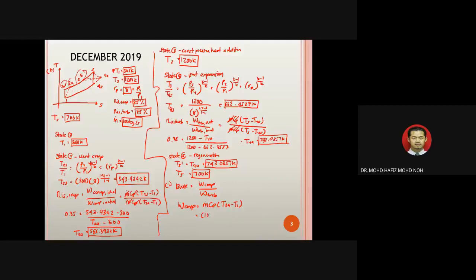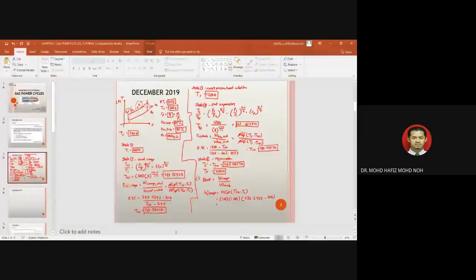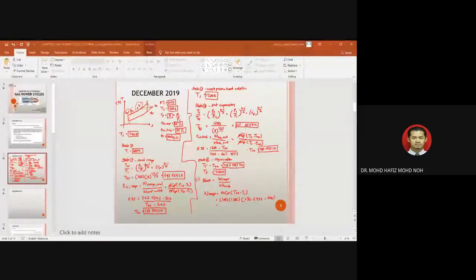Cp is 1.005, T2 actual is 586.3932, and T1 is 300 Kelvin. Based on this, you will get the value of W compressor.